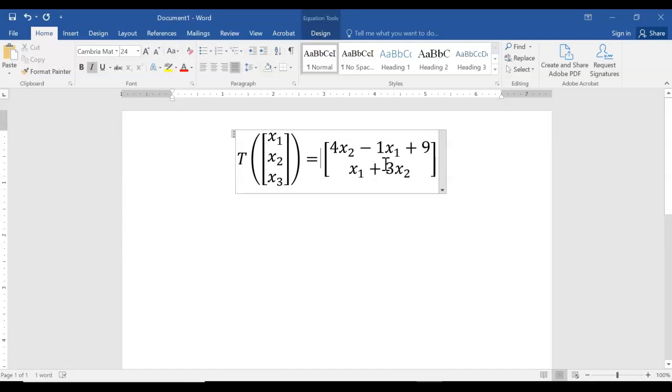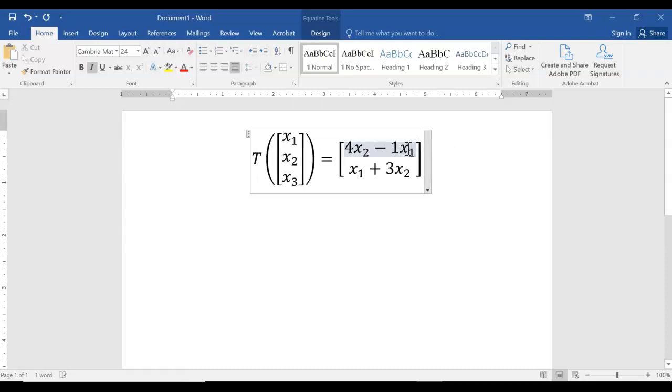It would throw off the linear transformation because notice if you plugged in zeros into all your variables, you don't get out the zero vector. So each of these entries has to be linear, and we can't have constants like +9 or +5 laying around.